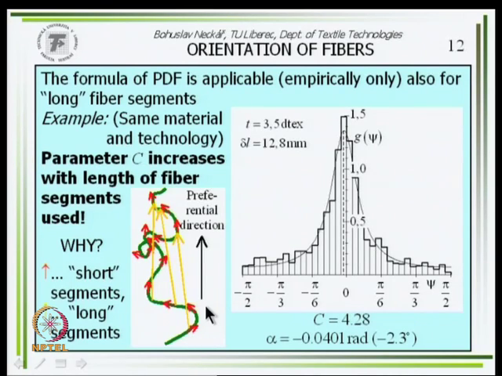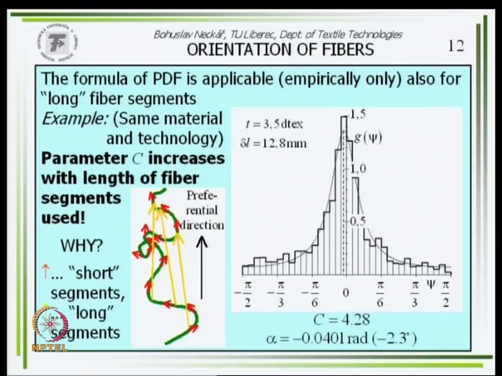Let's imagine a fiber, a green fiber in our picture, having a given shape. In the macro trend, we can say it is near to vertical direction. In short segments, it has a lot of loops and waves and so on.